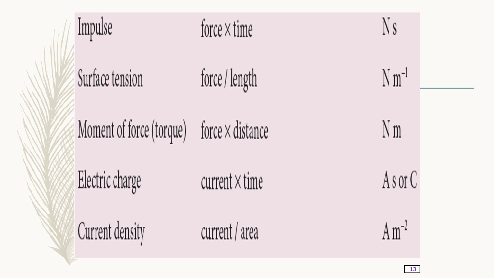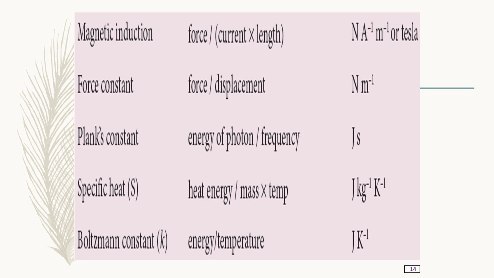Electrical charge, current into time, so ampere second or you will have it as coulomb. Current density, current by area, that is ampere per meter square. Magnetic induction, force by current into length, so Newton per ampere per meter or Tesla. Force constant, force per displacement, so Newton per meter.